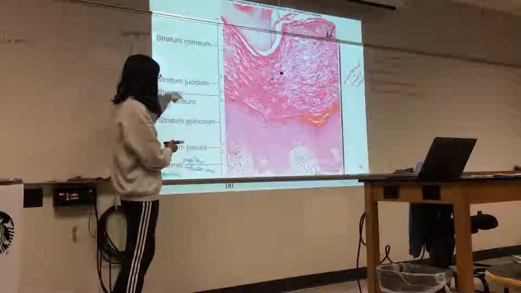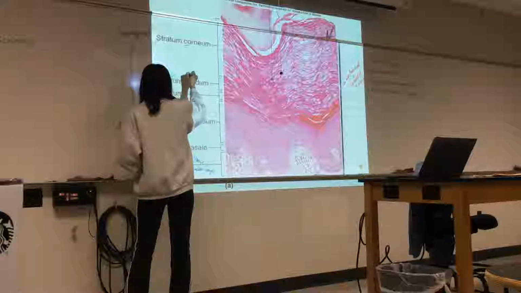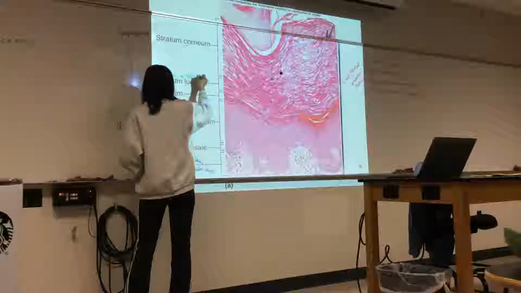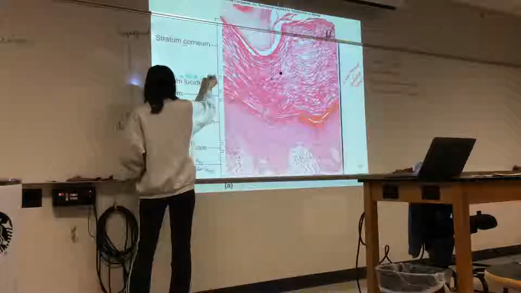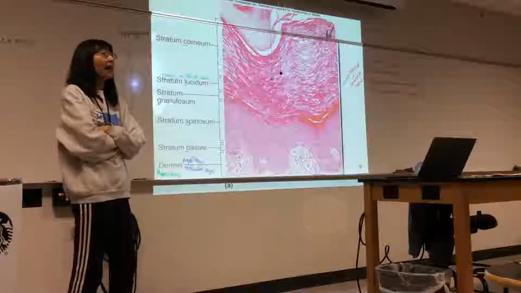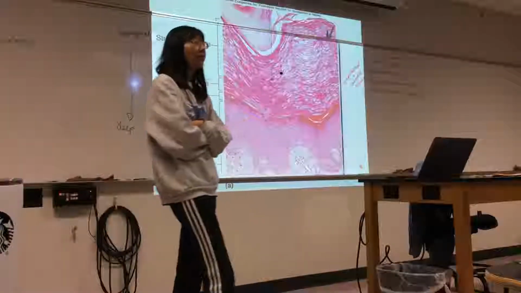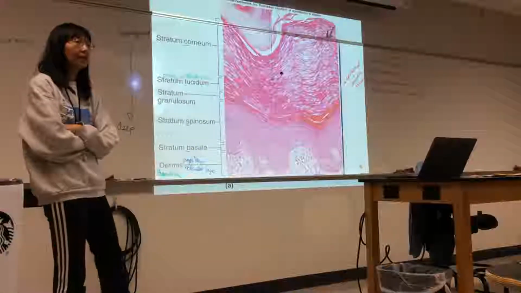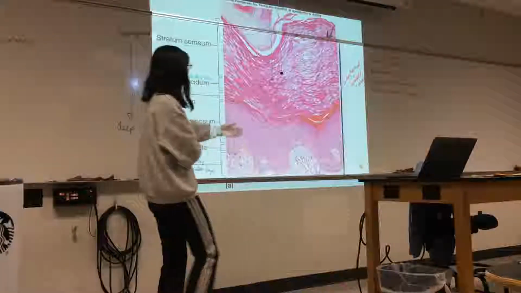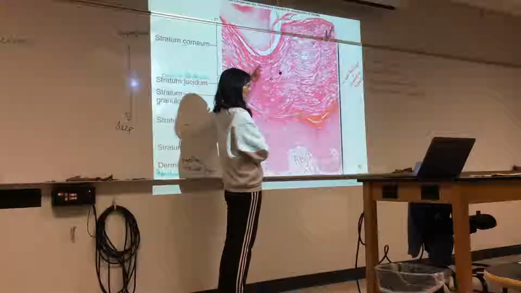Now lucidum is special. Lucidum is only in thick skin. Thick skin is the palms and feet, right? Yes, correct. In other words, the keratin layer is really thick, and that's why we call it thick skin.